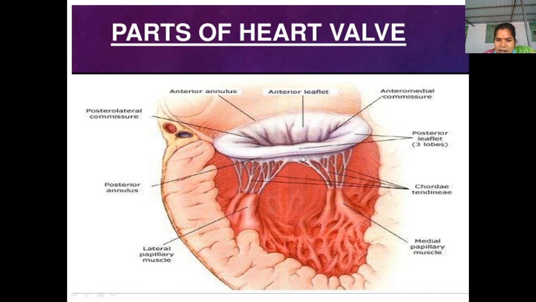Chordae tendineae are directly attached to the leaflets of the valves. The lateral and medial papillary muscles are there, and with the help of their contractions, the valve closes and opens.